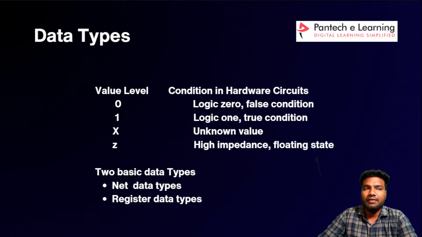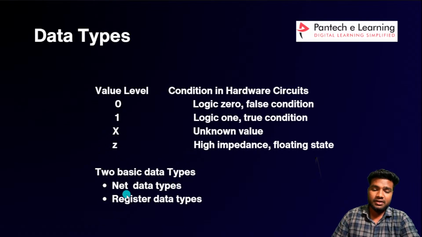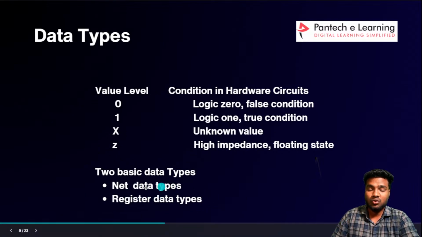We have two main data types: reg and wire. That is, the register data type and the net data type. Net data types are nothing but wire. We write the register data type as reg, and the net data type as wire. Basically, the register data type stores values, and the net data type doesn't store values.